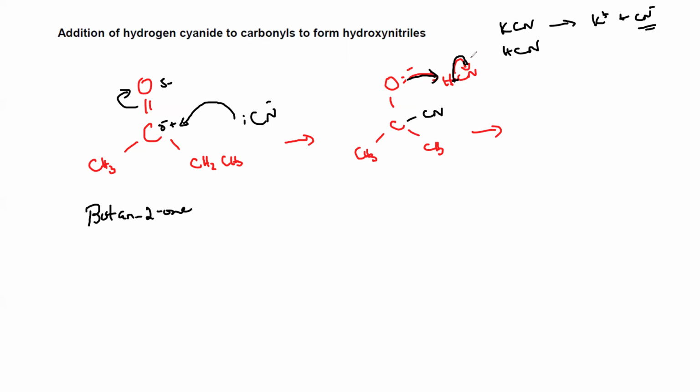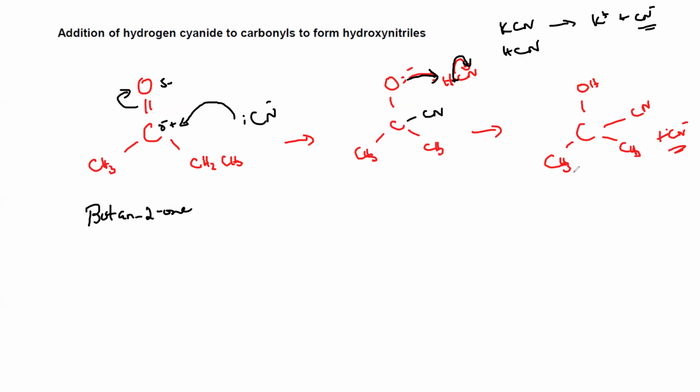As a result, what we'll have is C, OH, CH3, CH3 and CN, plus the CN- which is produced because of the breakdown of HCN. So another CN- is there, and this CN- will again attack another carbonyl group.